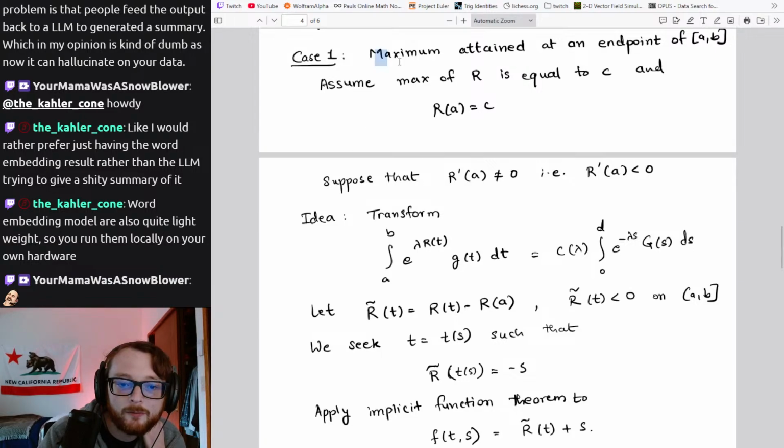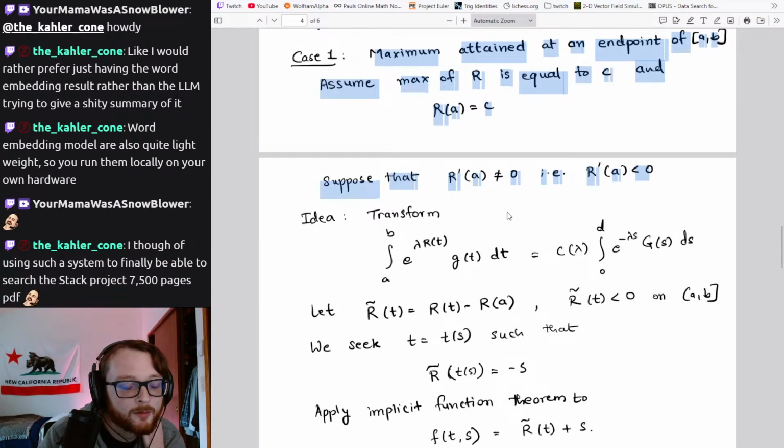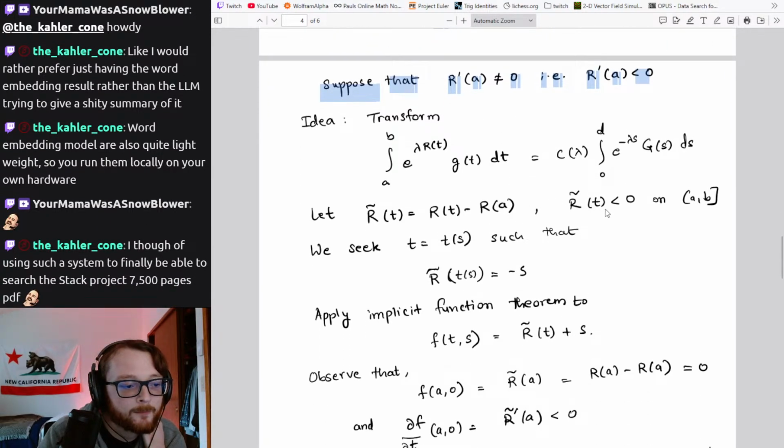Wait, we do have this first case here, I guess, maybe. That means if I'd be able to search the stack project, 7,500 page PDF. Oh my god. Yeah, I definitely don't want to do that by hand.